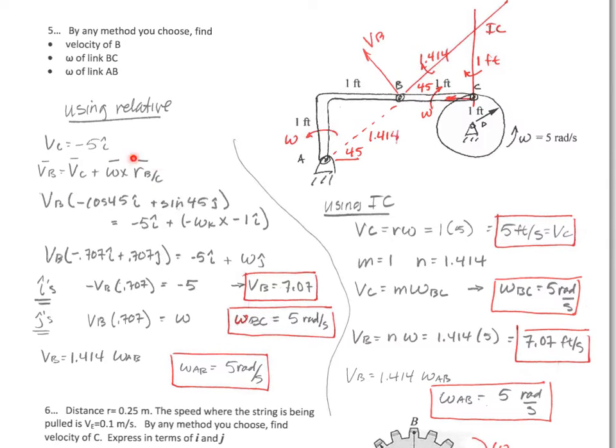Just plugging things into the vector equation, the velocity of B is equal to the velocity of C plus omega cross r of B with respect to C. B with respect to C is, if you're standing on C, then B is in the negative i direction, of negative 1. So that's what that's all about. Anyway, just keep proceeding through the cross product, combining equations and combining terms, and you get those answers.